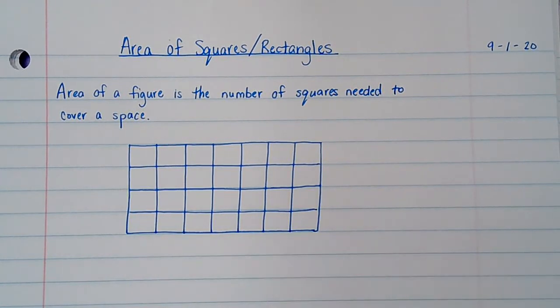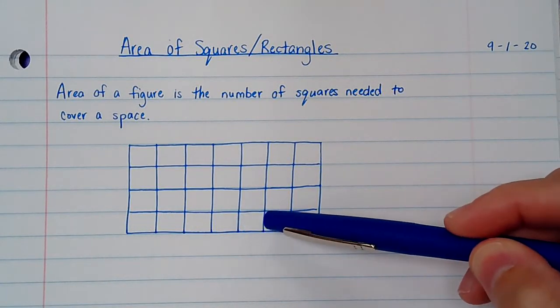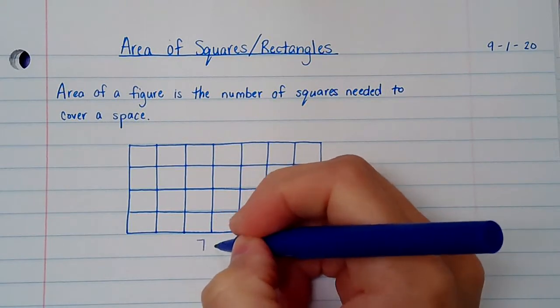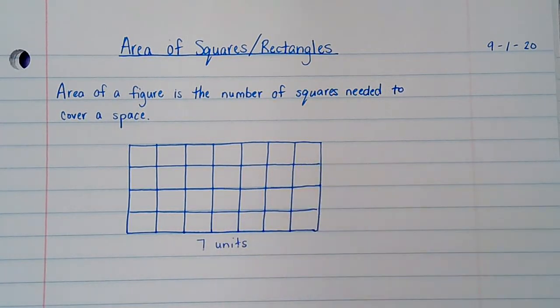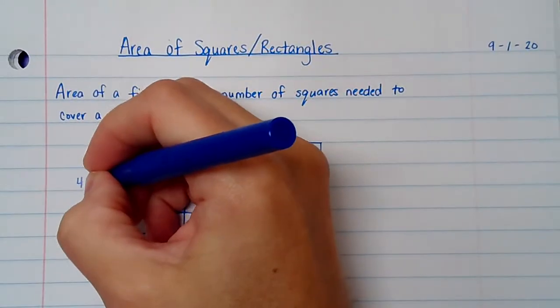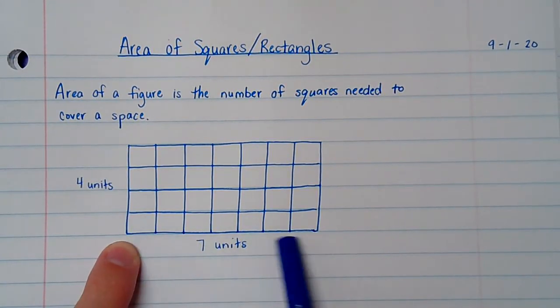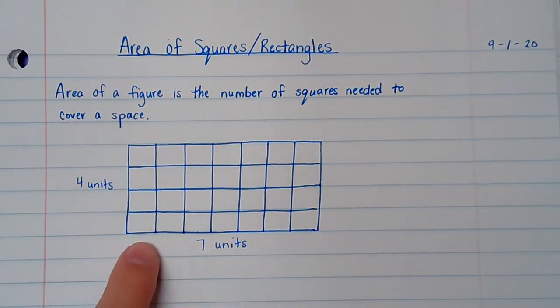All right, and this is what I mean by how many squares it takes to fill up the ends or the bottom of your surface. So, even though there's no numbers here, I can still figure out the area of this shape just by counting the units. So, along this side, I've got 1, 2, 3, 4, 5, 6, 7. So, this is 7 units. All right. And then this way, 1, 2, 3, 4 is 4 units. So my shape is a 7 by 4 unit shape. And even though I counted this square going across, and I counted it going up, you still do that. Even though you've already counted it, you still count it when you're going up or across.